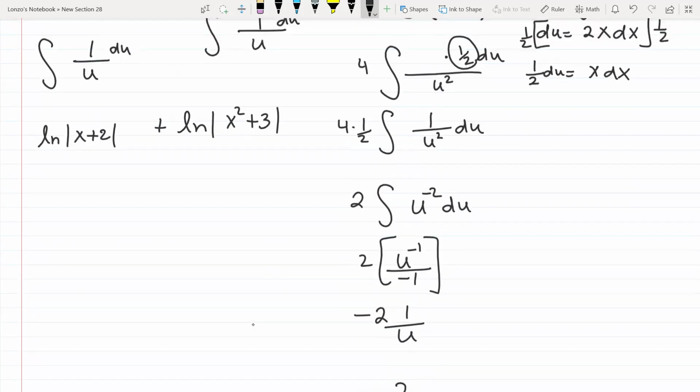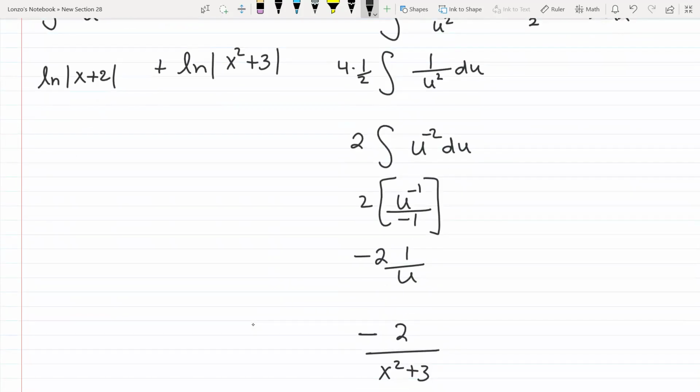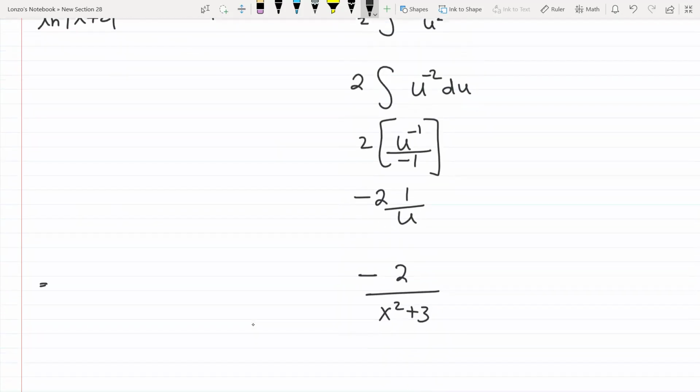And then over here, you're just left with ln of absolute value of x plus 2, plus ln of x squared plus 3, and then minus 2 over x squared plus 3, and then plus c.